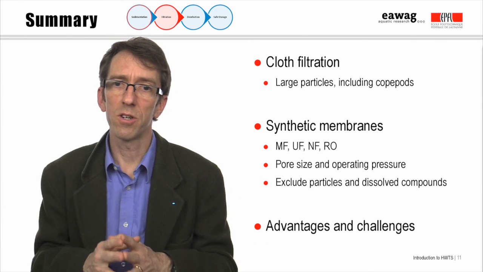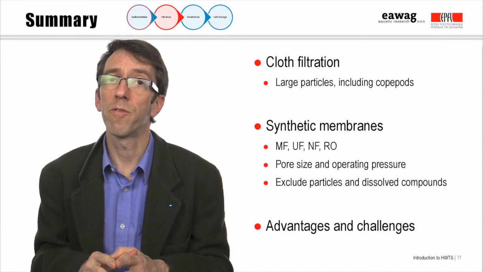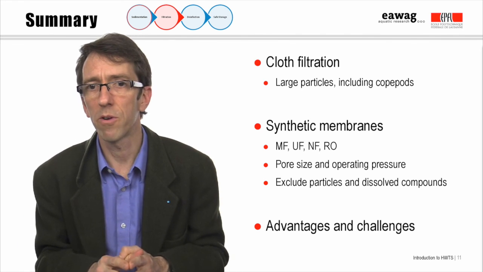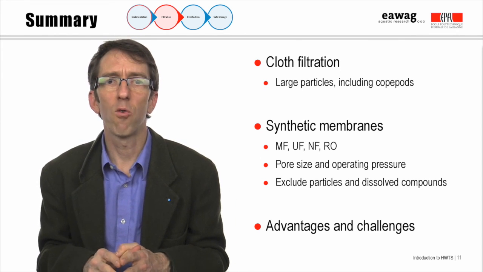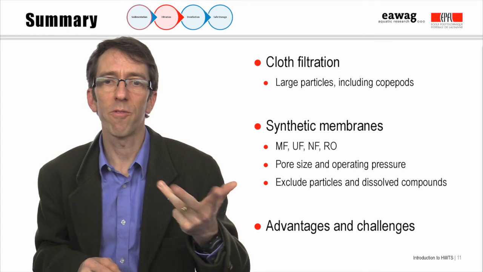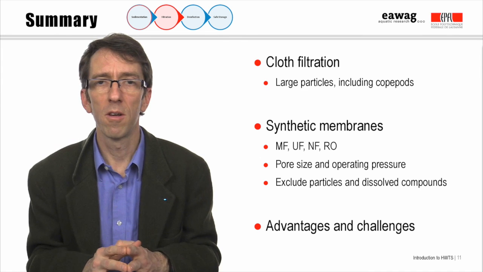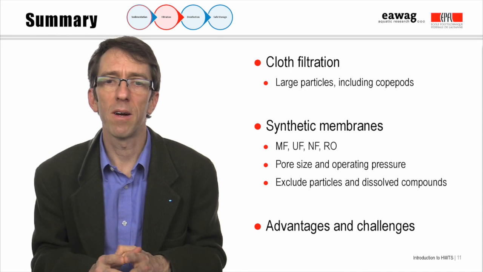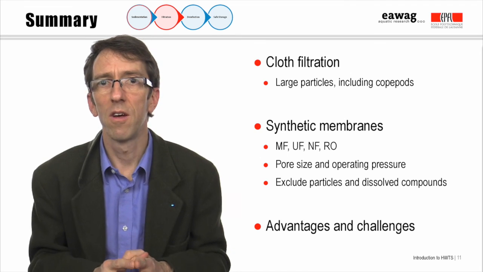We discussed cloth filtration and how the pores in cloths are quite large, so the cloth is useful for removing large particles, including copepods, but not smaller ones, such as bacteria or viruses, and spent more time looking at synthetic membranes, especially these 4 types of membranes: microfiltration, ultrafiltration, nanofiltration, and reverse osmosis, defined on the basis of their pore sizes and operating pressures, and we saw which membranes could exclude which kinds of particles and dissolved compounds. Finally, we concluded with a brief summary of the advantages and challenges of membrane filtration.